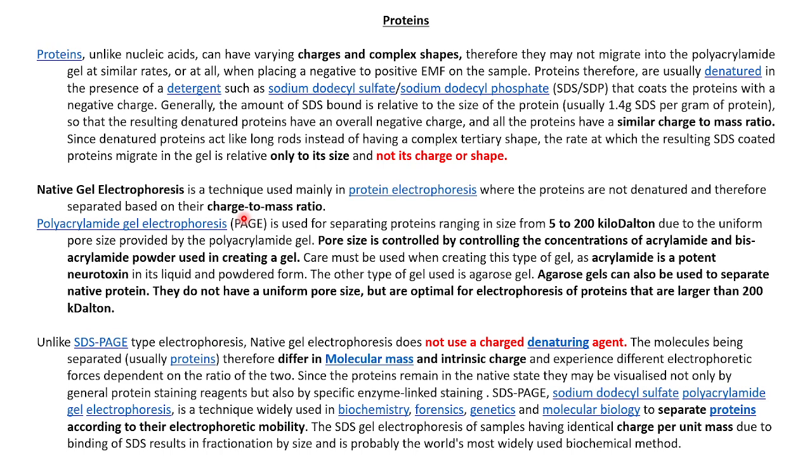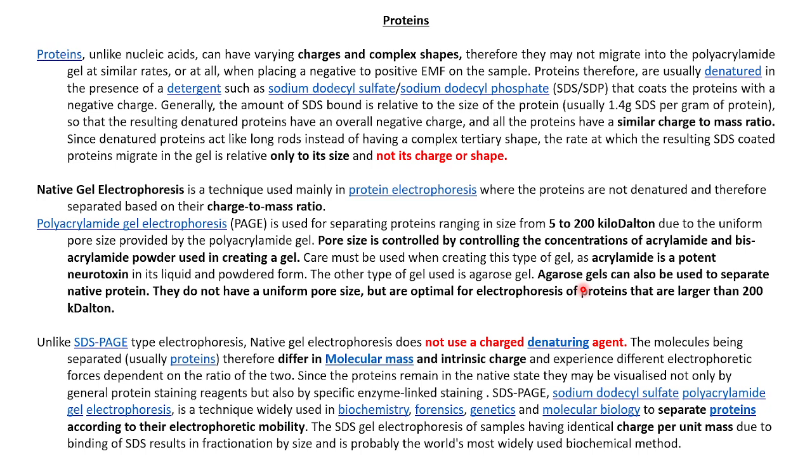Now the other is polyacrylamide gel electrophoresis, where you can separate proteins ranging from 5 to 200 kilodaltons, even more than that, due to the uniform pore size provided by the polyacrylamide gel. The pore size is controlled by the concentrations of polyacrylamide and bisacrylamide used in creating the gel.